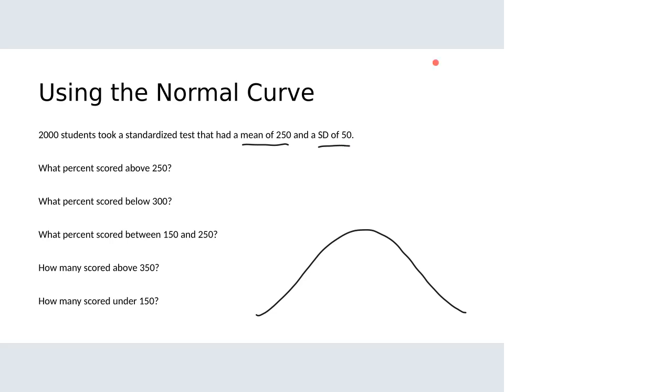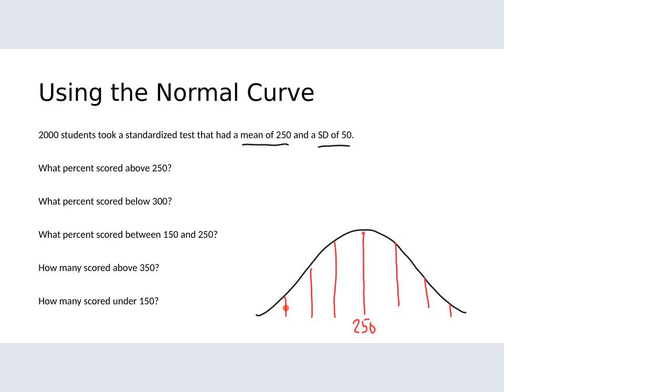So with that in mind, I know that I can draw in my mean of 250. Now I want to section this thing off. I want to have 1, 2, 3 standard deviations above the mean and 1, 2, 3 standard deviations below the mean. Next, I need to figure out what numbers go in those places.